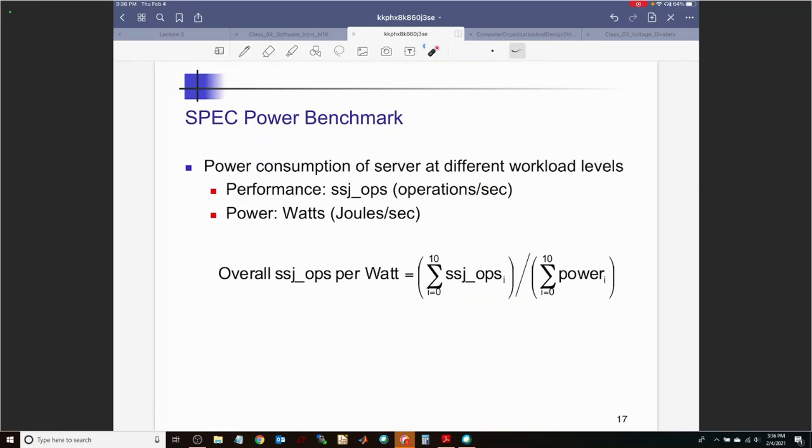But the problem is you will run into a power wall, right? You will have a lot of heat being generated by those processors by increasing that clock rate, which is why after Pentium 4, the increase in the clock rate went down a little bit. It didn't go up because it was so bad in terms of the power benchmark.